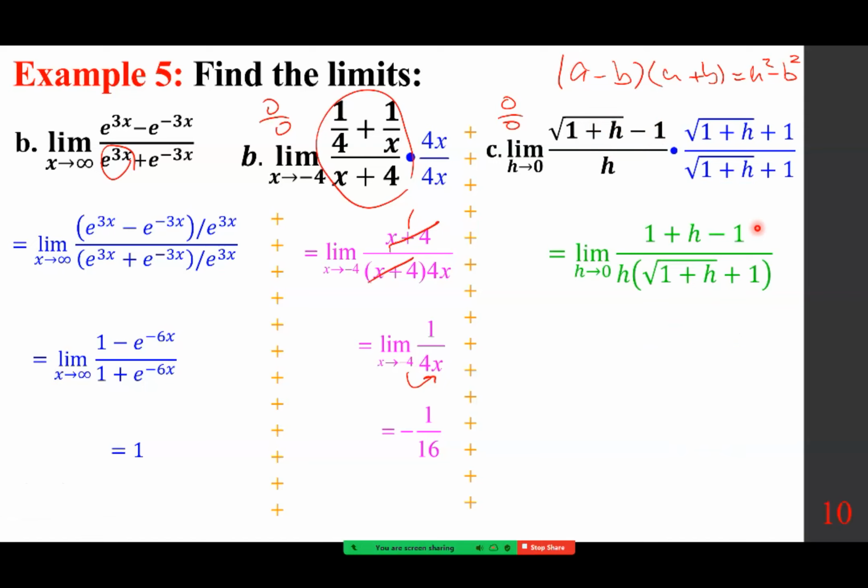One and negative 1 cancel each other. The numerator is 1 because h and h cancel each other. Plug in 0, the denominator changes to 2, and the final answer is 1/2.